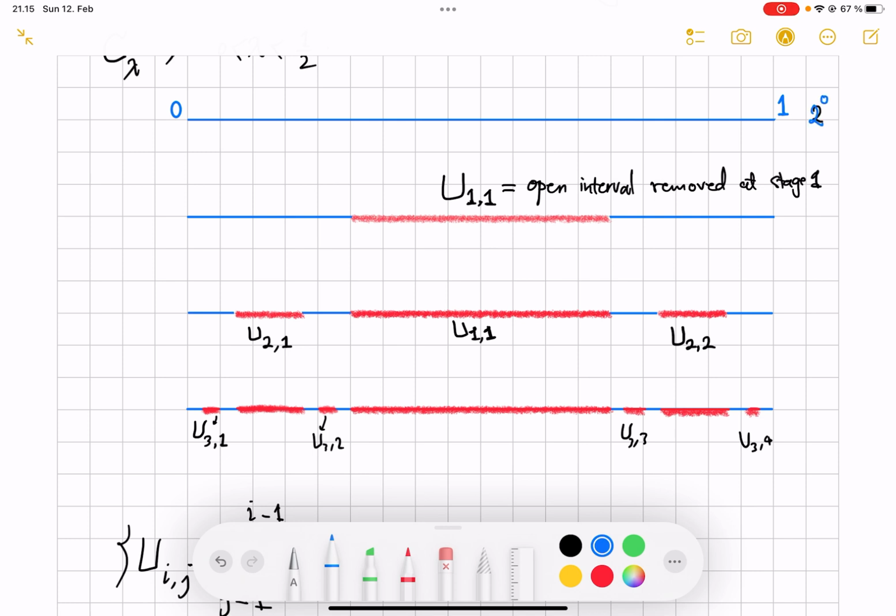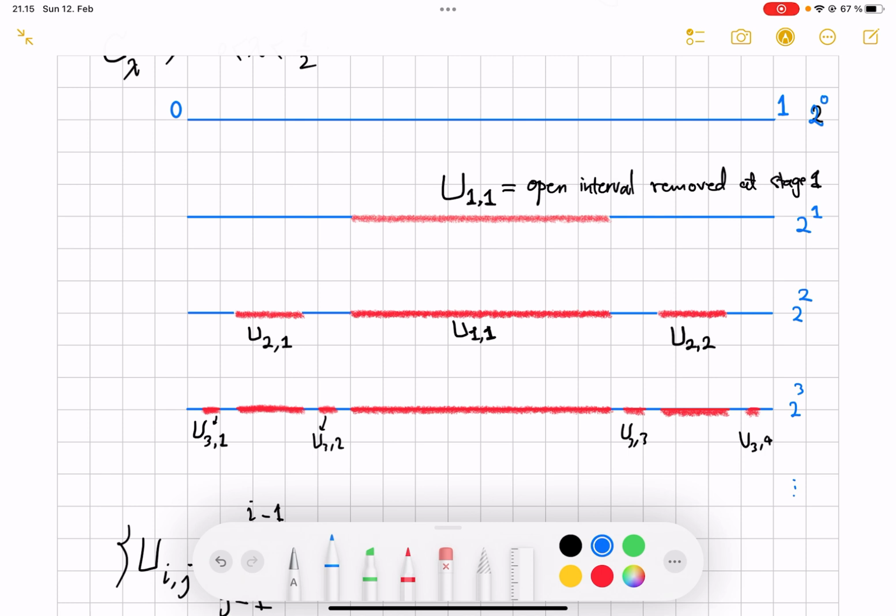So 2^0 intervals, here 2^1 intervals. These are now the surviving ones, blue ones, 2^2, 2^3, and so on. So the number of surviving intervals is 2^i at stage i.